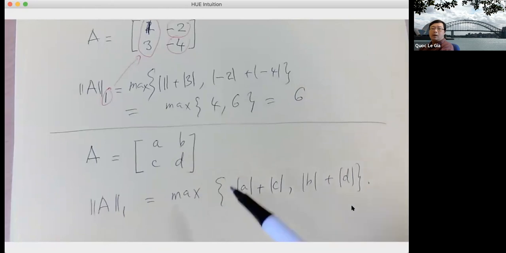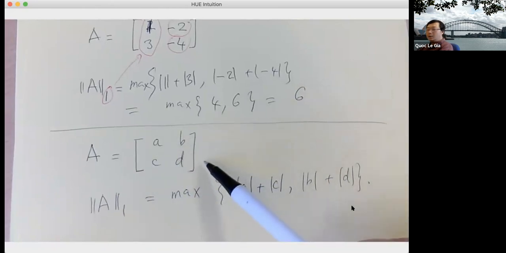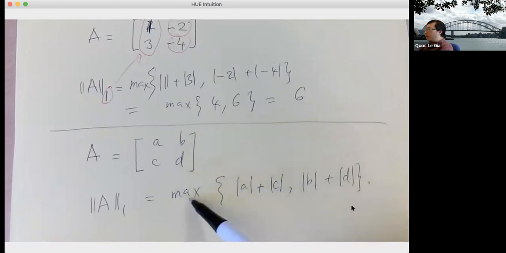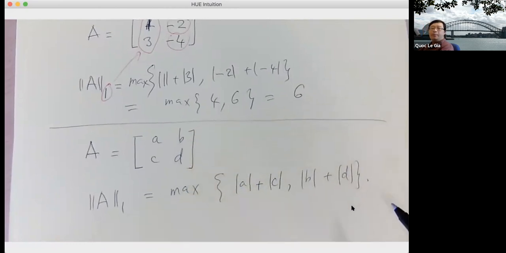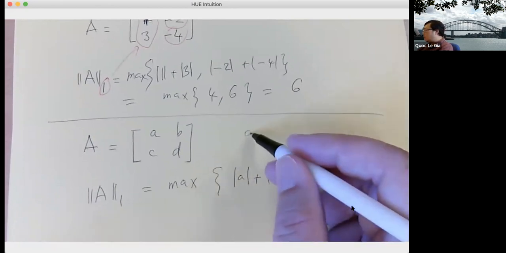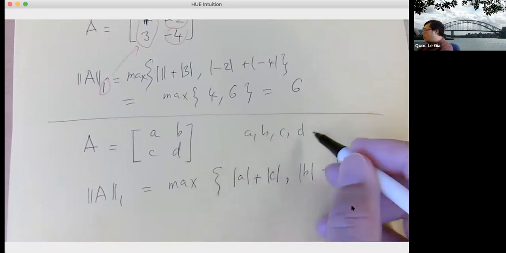So you just take the absolute value of the first column and the absolute value of the second column, and you take the maximum, and it equals the one norm. I assume that every number is a real number.